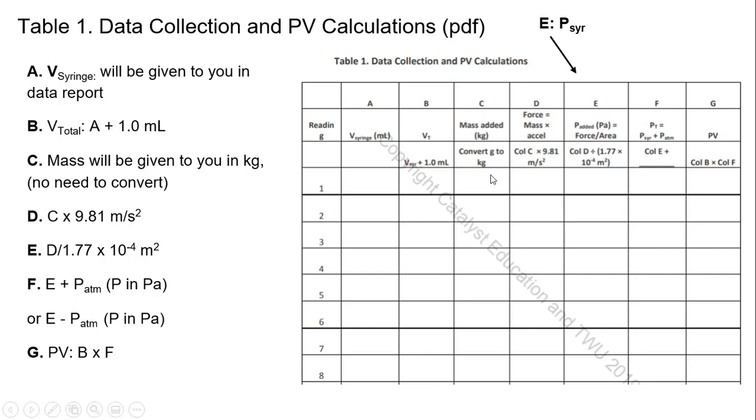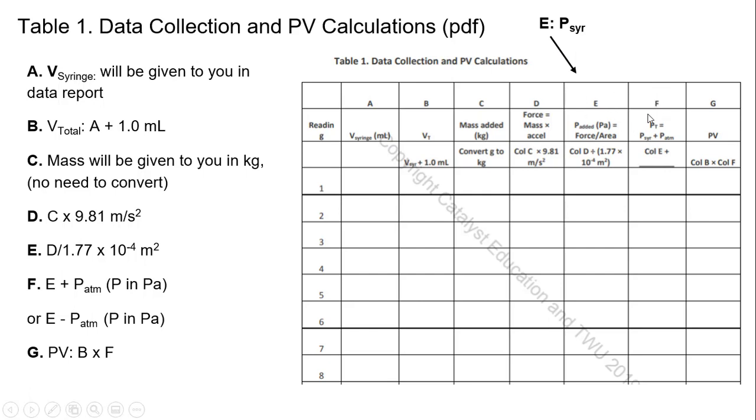Your mass will start out with 0, and then you'll be given masses here. D is force, mass times acceleration. This is your mass. You're multiplying by the gravity, and you're solving for the force. Once you solve for the force, you're solving for force over area. So you're getting the pressure of the syringe. It doesn't say pressure of your syringe, but that's what this column is. It says it right here.